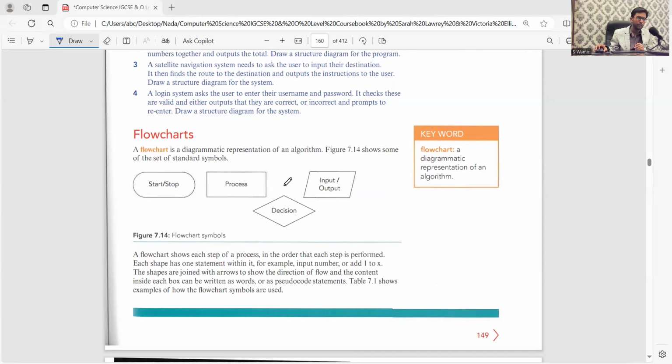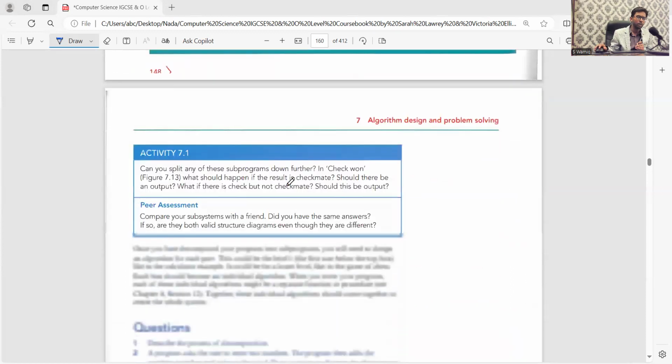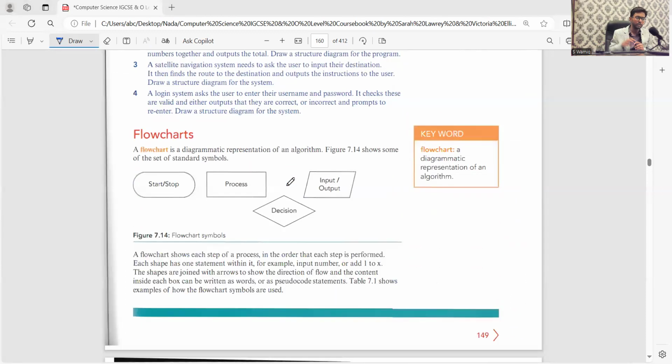If I'm referring to a structure chart, you can see right here that these are just boxes that segregate your problem into many small areas so that you can work out a solution. But when you work on a flowchart, what is really the difference? The difference is that the flowchart provides you with a diagrammatic representation of an algorithm. Diagrammatic representation basically means that a flowchart provides you with distinct objects to work with.